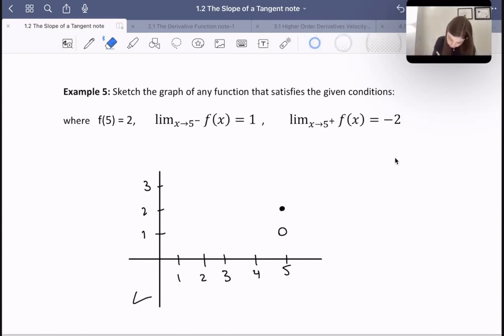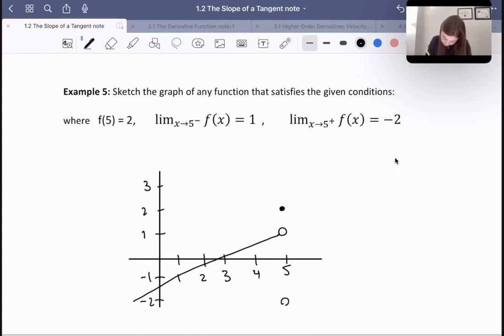So let's go down to -2. And I'm going to draw another hole, and this one is going to go to the right. It doesn't matter if it goes down to the right or up to the right, but as long as it's going to the right, because it must come from the right when we're closing in on 5.